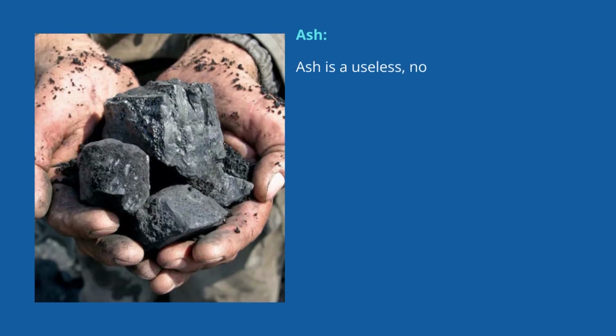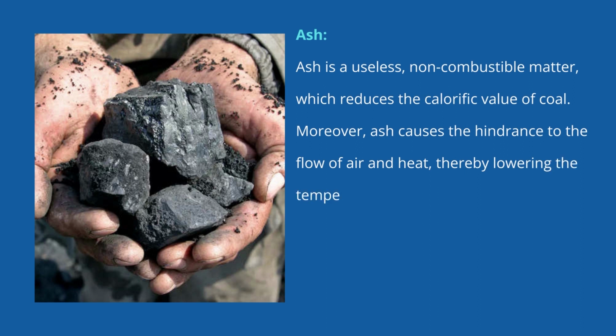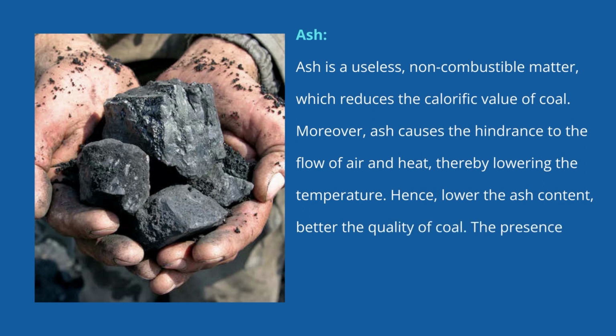Ash. Ash is a useless non-combustible matter which reduces the calorific value of coal. Moreover, ash causes hindrance to the flow of air and heat, thereby lowering the temperature. Hence, lower the ash content, better the quality of coal.